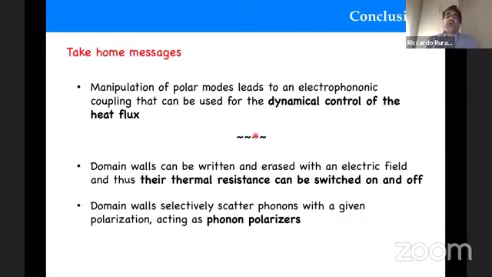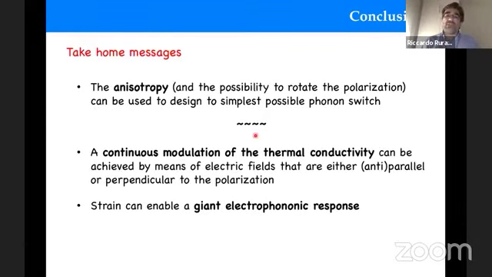I showed you that domain walls can be written and erased with an electric field, and the thermal resistance can be switched on and off, and you can use that mechanism as your thermal switch. And also I showed that these domain walls behave as polarizers.